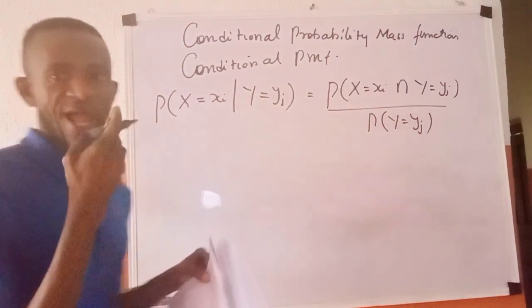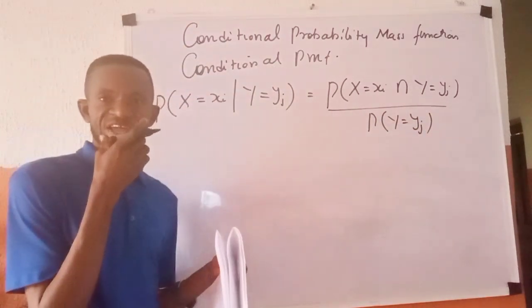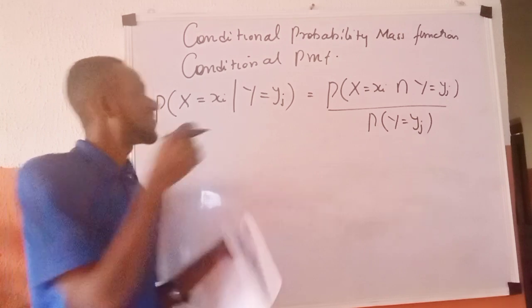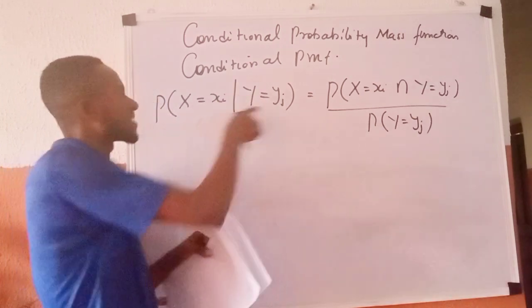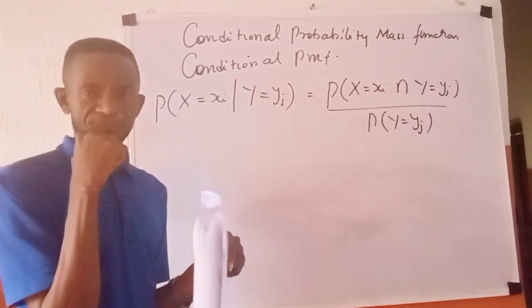This is the conditional probability of X, given that Y takes a value yj.